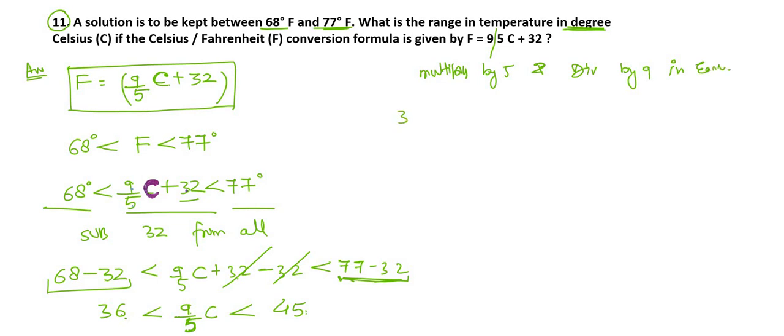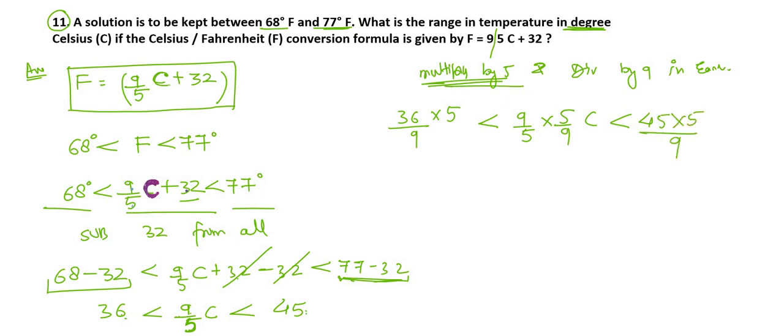So what will happen? 36 times 5 by 9. I am multiplying by 5 and dividing by 9. So 9 by 5 into 5 by 9 C less than 45 into 5 by 9.